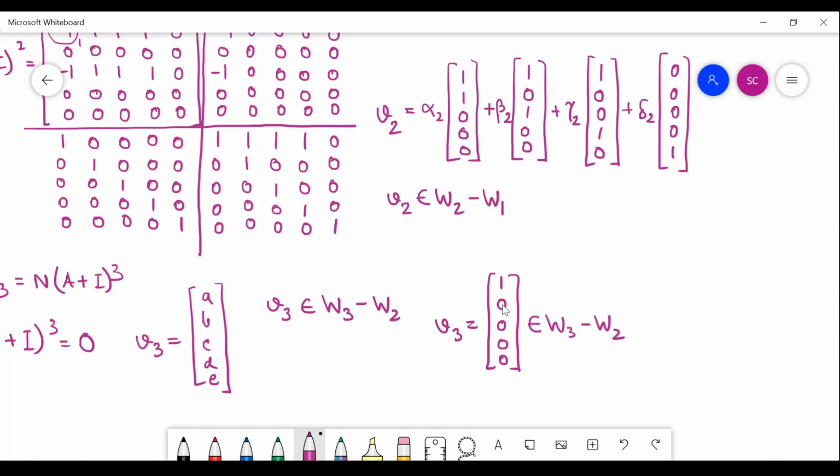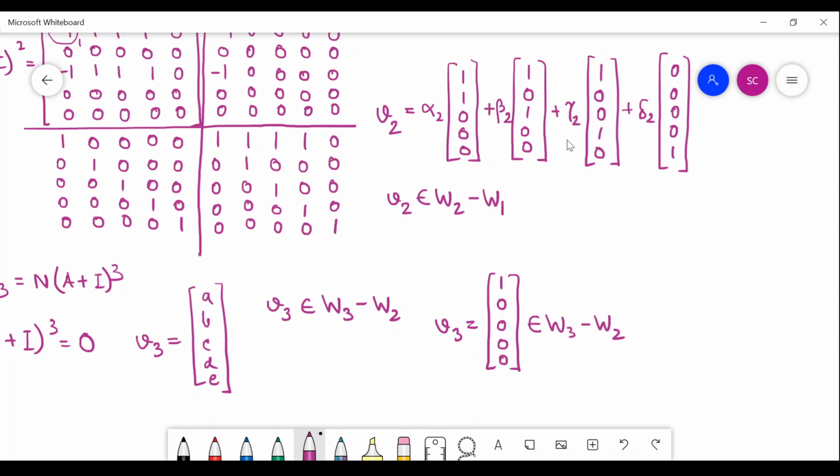What we are trying to see is simply whether this V3 vector is independent of the basis vectors of W2. So you stack up all these vectors together and check for independence following the column operations. All the pivot elements would be exhausted, but you will not be able to get a top column as 0. That is the check for all the vectors that you have chosen to be independent.